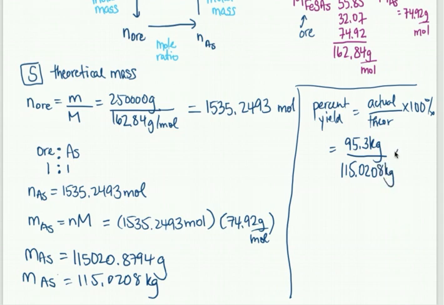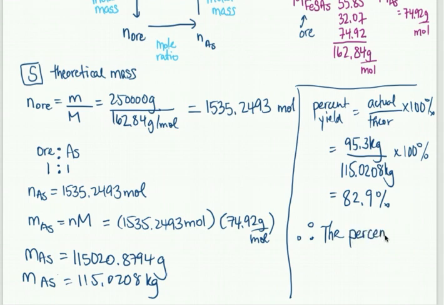It's a perfect world, everything ran perfectly, we had the best equipment, this is what you should get, and then we got 82.9%.